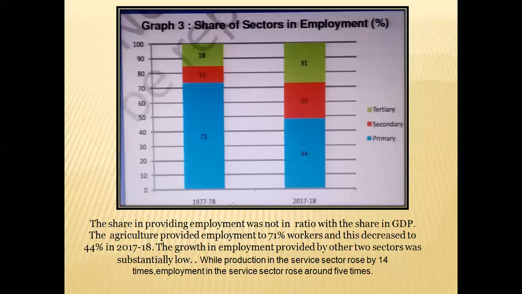So the percentage in employment is 31%. So in this way, we can see that there has been a change, or there has been a shift, in the contribution of these three sectors in GDP and employment.